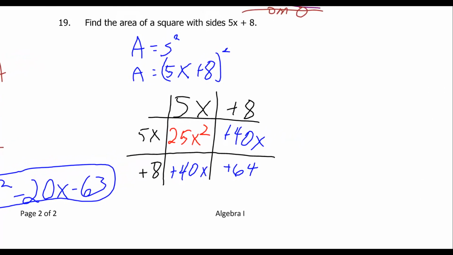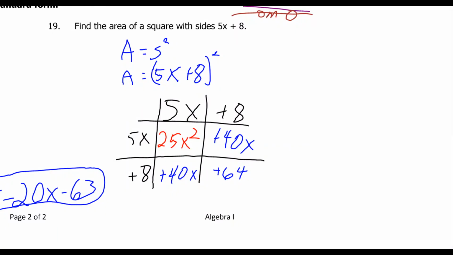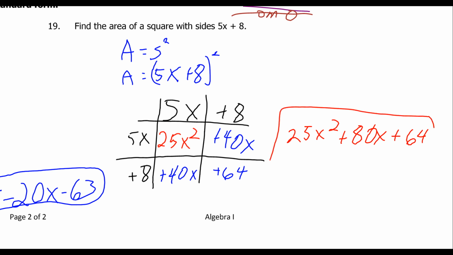And then if we spell it out on the tail end here, we're going to have 25x squared plus 80x plus 64. And that is the end of the problem.